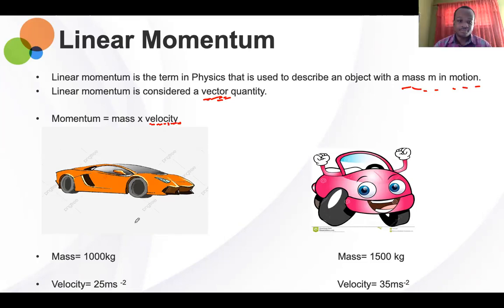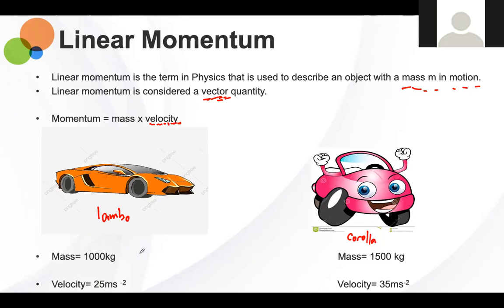All right, so we spoke about our Lambo and our Corolla. For some reason, the Corolla is faster, at 35 meters per second, with a mass of 1500, and the Lambo has a mass of 1000.